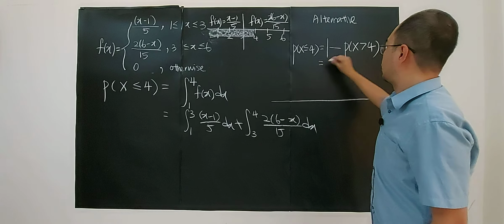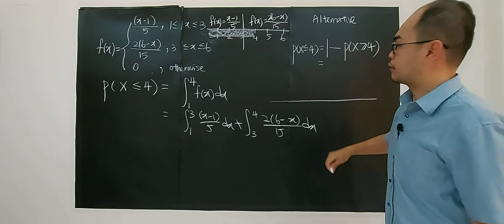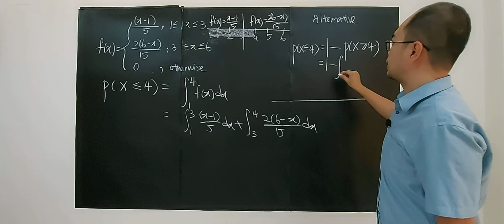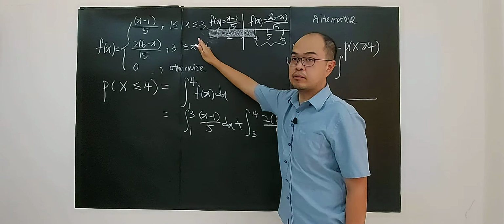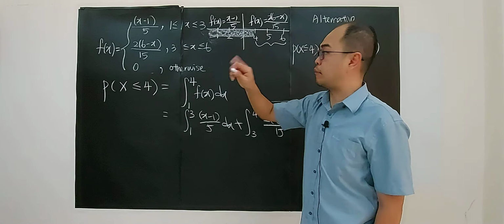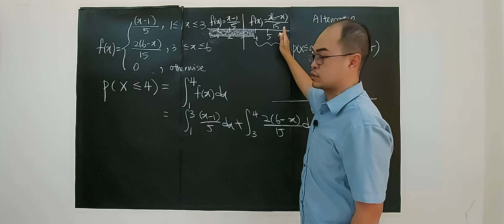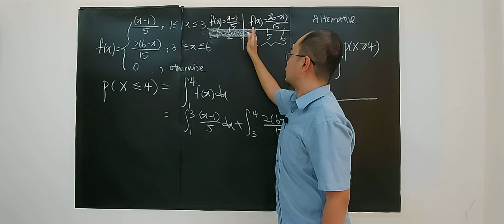So more than 4, either with equal or without equal is okay. So 1 minus the probability above 4. You take the total probability 1 minus away the probability from 4 to 6, then you will get the probability for X less than 4.